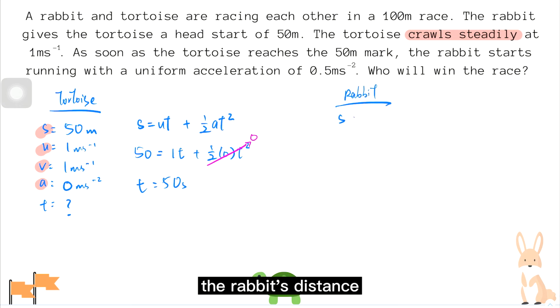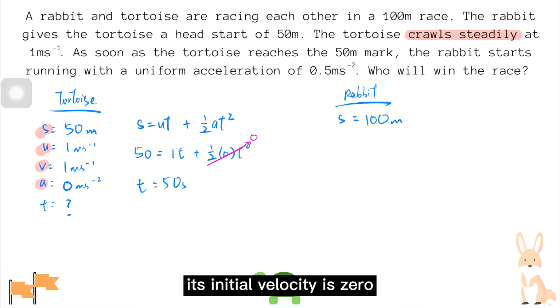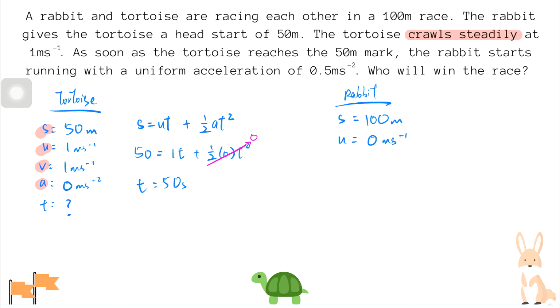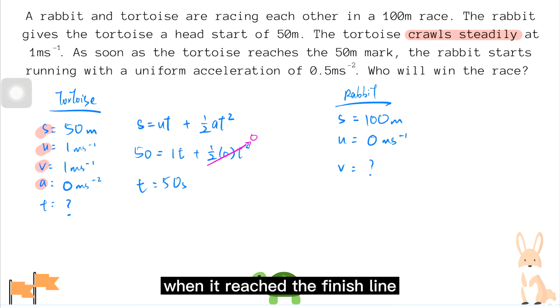The rabbit's distance is 100 meters because it starts exactly from the starting line. Its initial velocity is 0 because it was waiting for the tortoise to reach the 50 meter mark. Final velocity is unknown because I don't know how fast the rabbit was traveling when it reached the finish line.